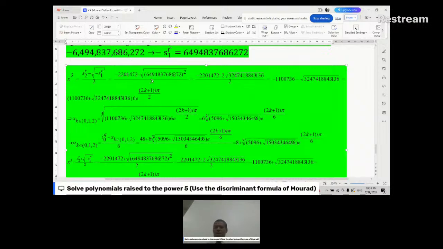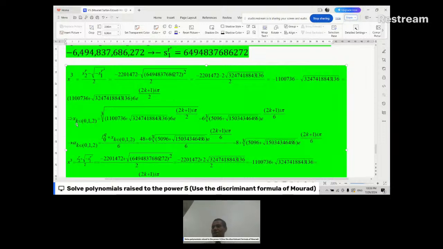Dividing by 2 we get negative 1,100,736. The root of 4 is 2, and we divide by 2. The negative sign I will write as exponential i pi, so dividing by 2 gives 2k plus 1 over 2 exponential i pi. This is x raised to the power 3.